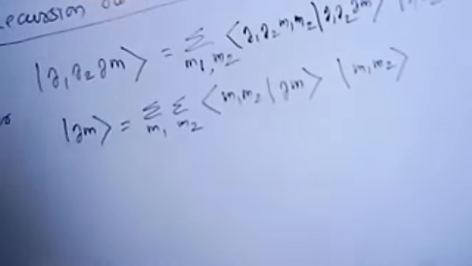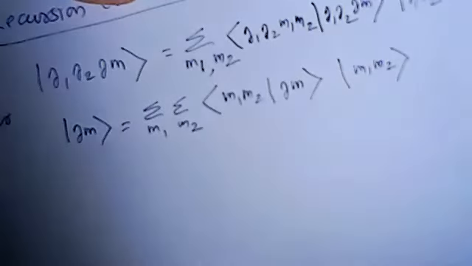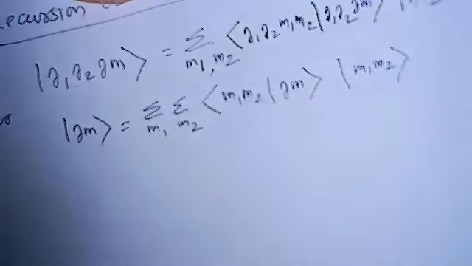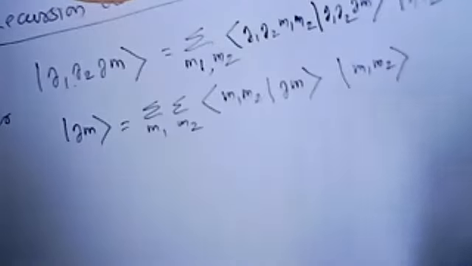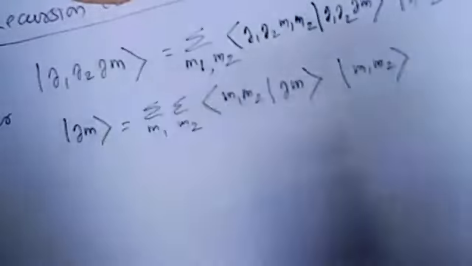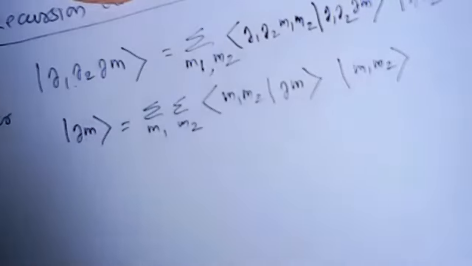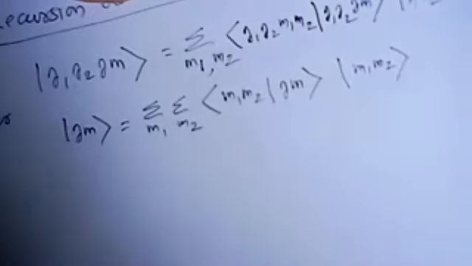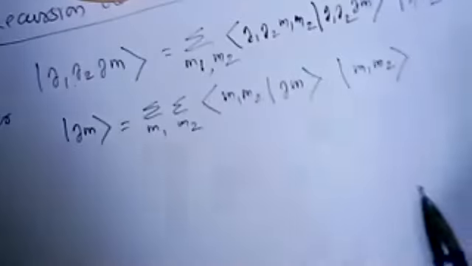Okay. Now apply J plus or J minus. We have to apply both. This is not a stretched state. This is an equation for a general state. So if it is a stretched state, you have to apply only J plus or J minus. If it is the highest state, you have to apply J minus. If it is the lowest state, you have to apply J plus. But this is a general state, so you can apply J plus and J minus.